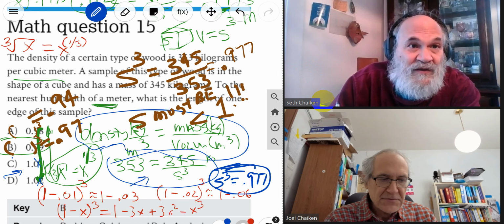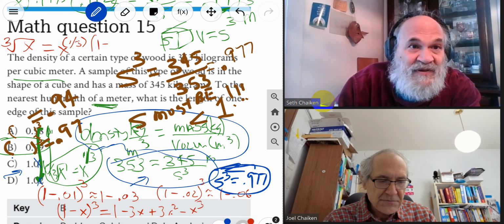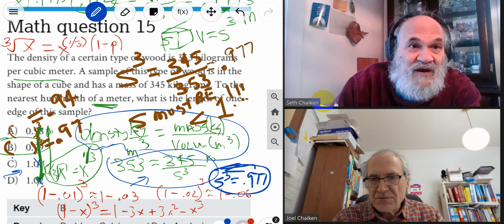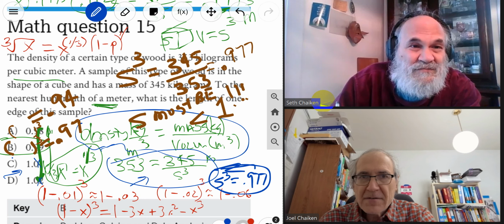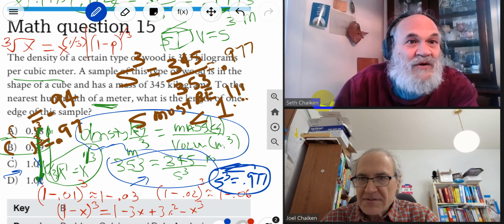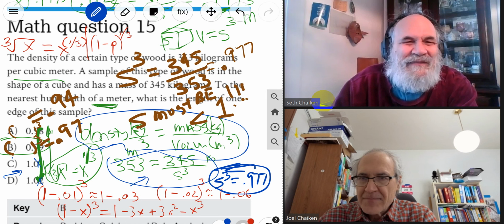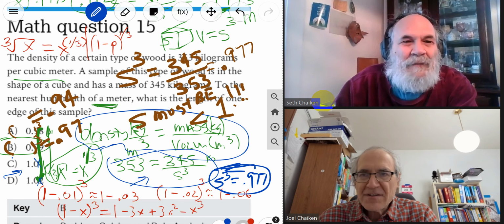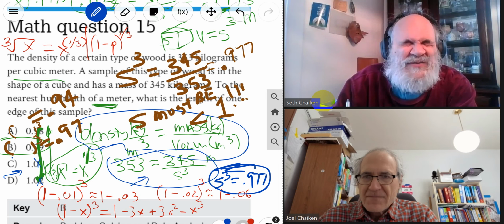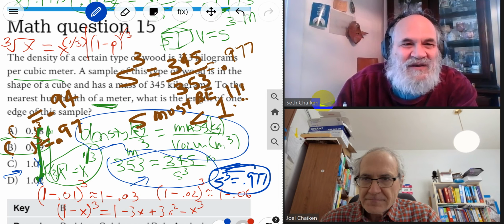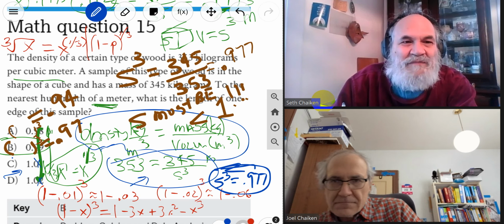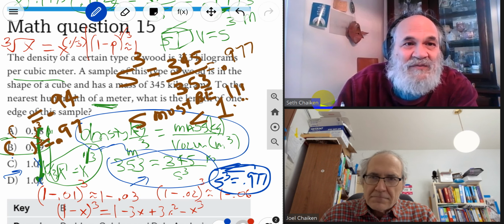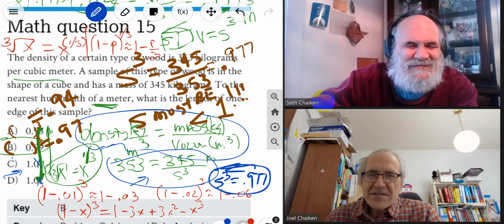If you have 1 minus p, the cube root of that, when p is small, is approximately 1 minus p divided by 3. Right, and you learned that in calculus.